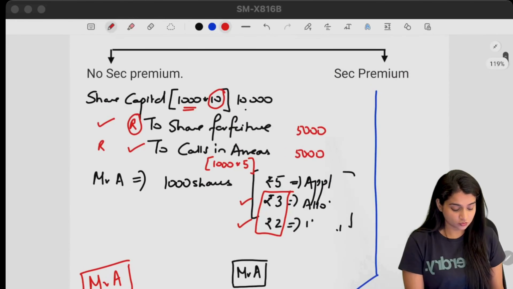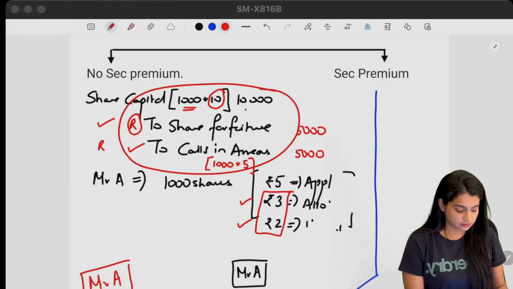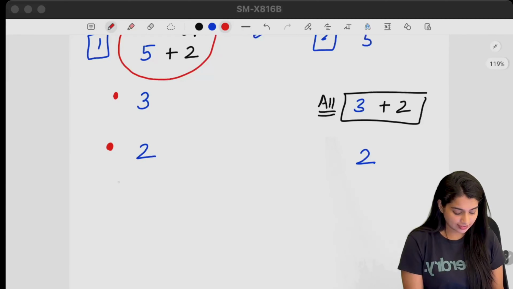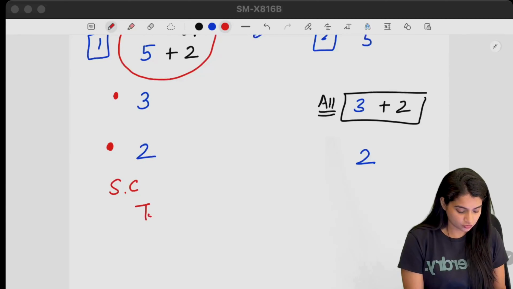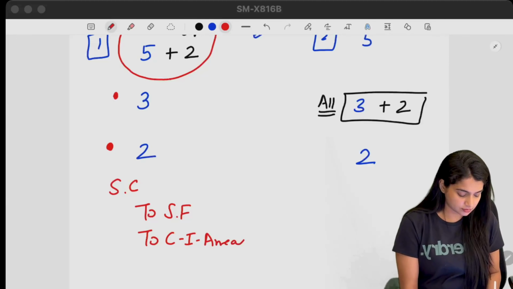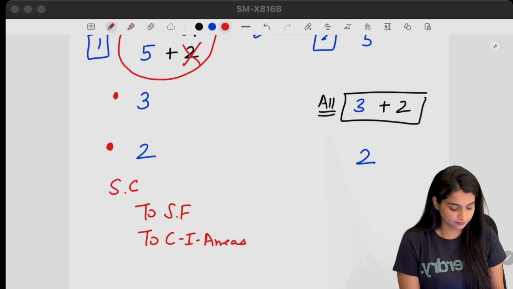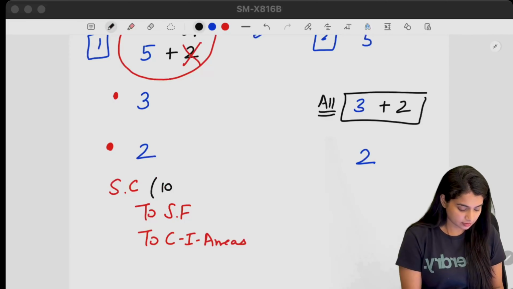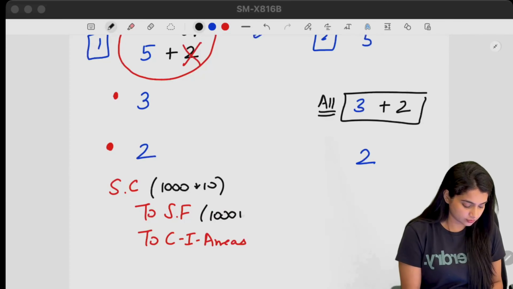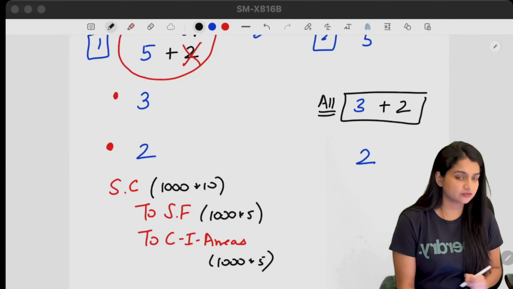The entry above is the same entry that comes below also. That is share capital to share forfeiture to calls in arrears. Forget about the premium because he has paid it. Here it will be 1000 into 10, 1000 into 5, 1000 into 5 again.